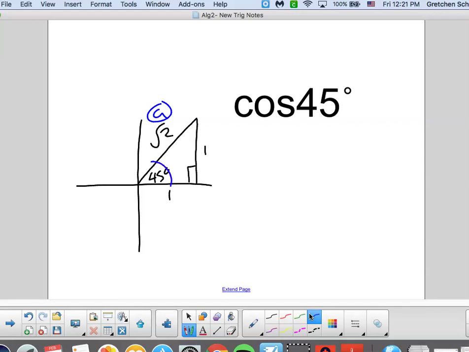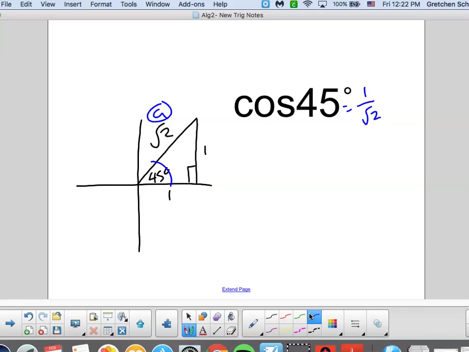From the angle touching the x-axis, what ratio is cosine? Adjacent over hypotenuse. So from this angle, what's our adjacent? 1. What's our hypotenuse? Square root of 2. It's positive because everything is positive. Should we leave that as an answer?